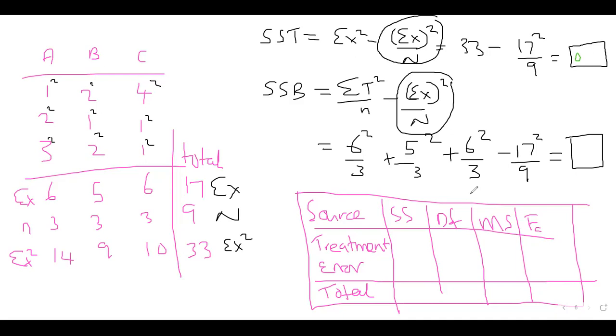33 minus 17 squared divided by 9, 0.88, 0.89. And 6 squared plus 5 squared plus 6 squared divided by 3, 82.33 minus 17 squared divided by 9, 0.22.